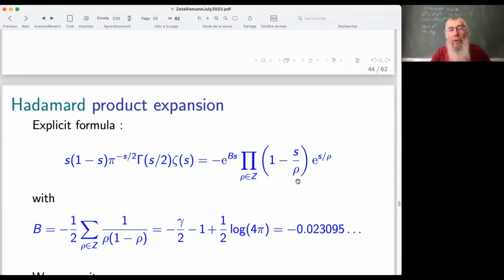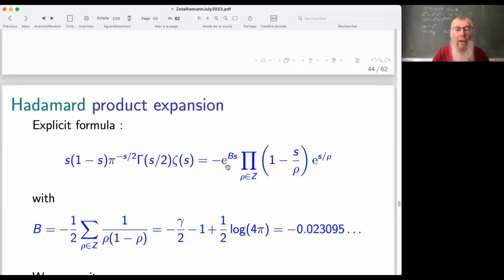And this is something which is not too surprising according to what I said yesterday on infinite products. You have the product of 1 minus s over rho. You do not have s because there is no zero at s equals 0, but you want this to be convergent, and for that you have to multiply by an exponential of s over rho. And then you have some function which has no zero.